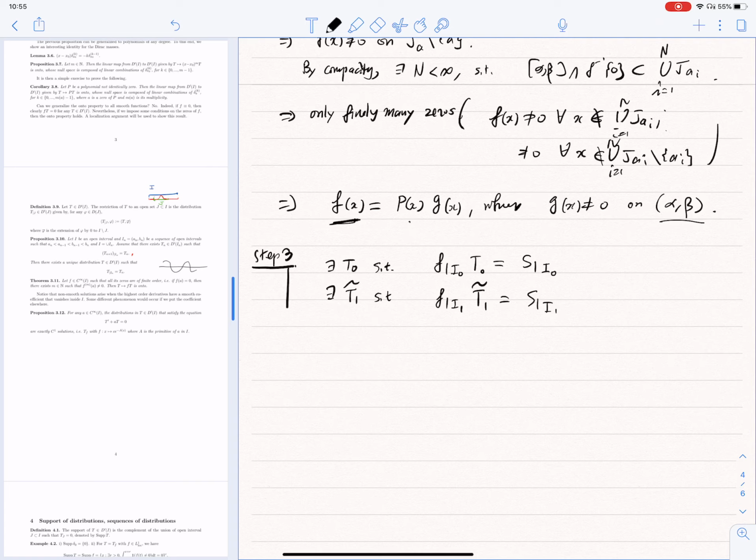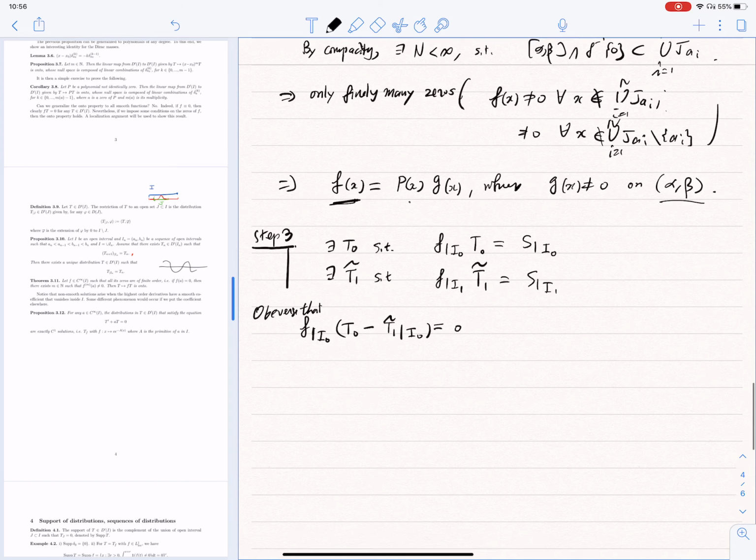Now here's an observation. If we compute T_0 minus T_1 tilde restricted to I_0, and then multiply it by f restricted to I_0, we have necessarily 0.